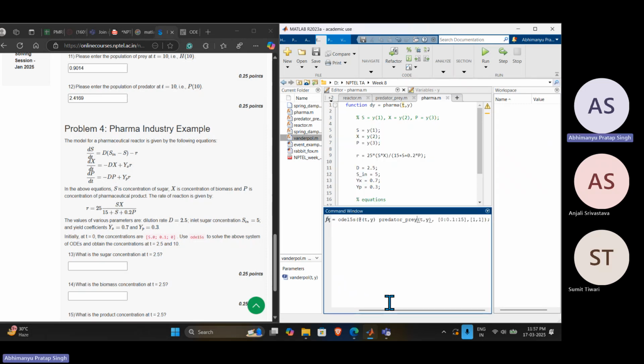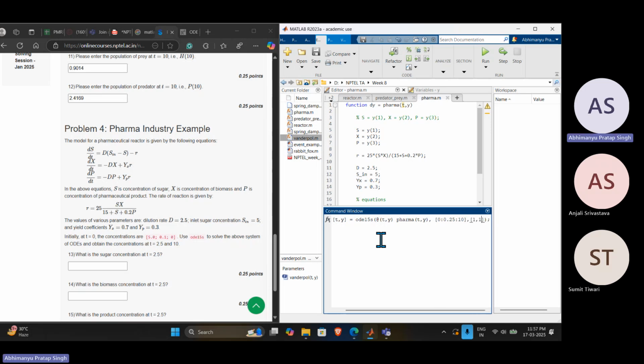Use this ode15s. I will change the function name. We need concentrations at 2.5 and 10. So I will take this time span as 0.25, go till 10.